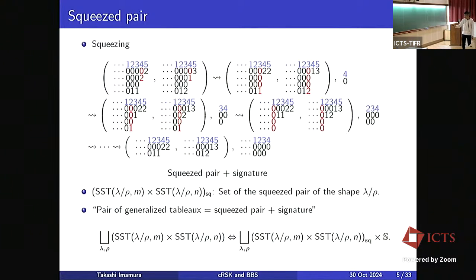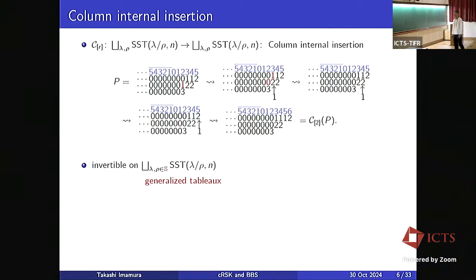Now we introduce a certain dynamics, a certain time evolution of this squeezed pair. The building block is the column internal insertion, which is the column version of the internal insertion introduced by Tomohiro. First I explain what it is.